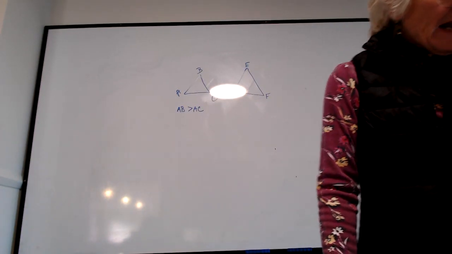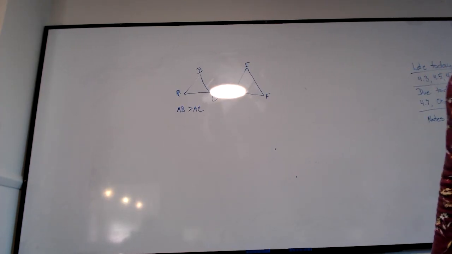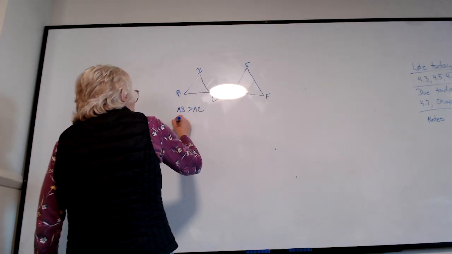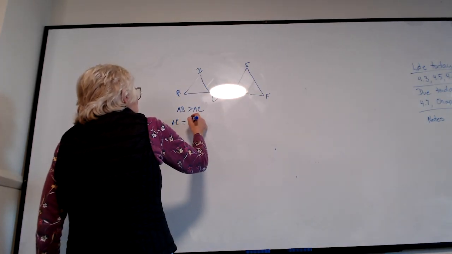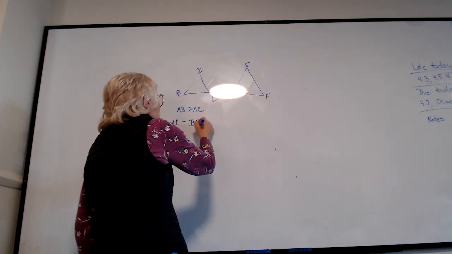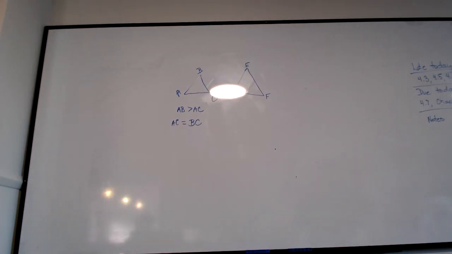Okay? And it says AC equals BC. Sorry, BC. So that's what we're given there. I'm just reading what we're given.